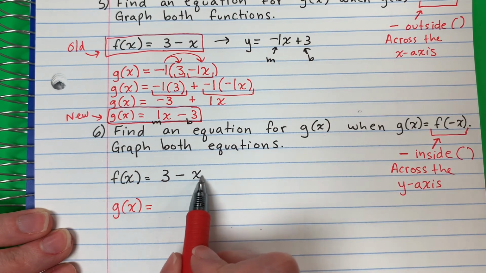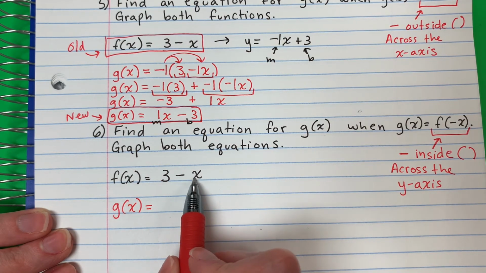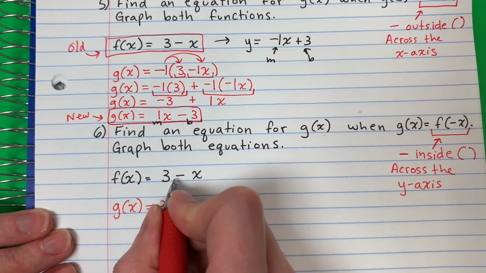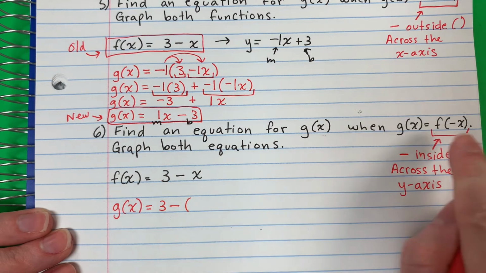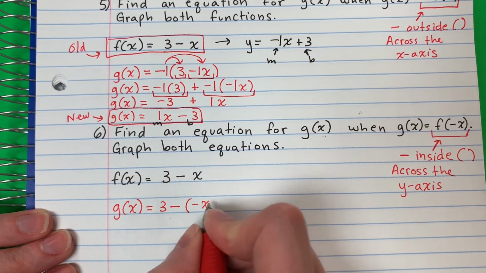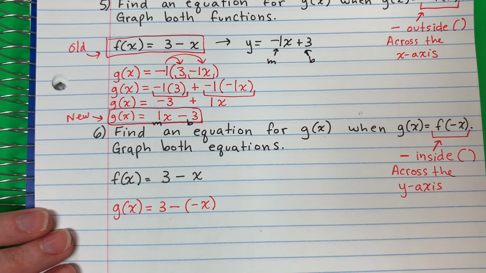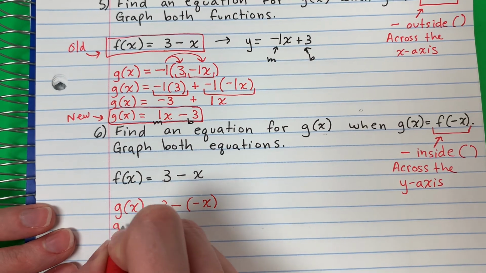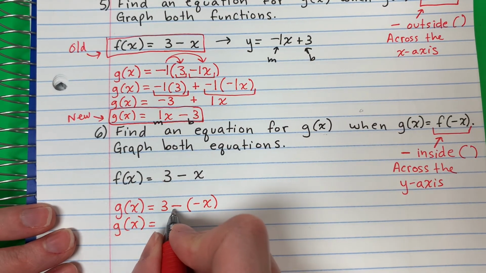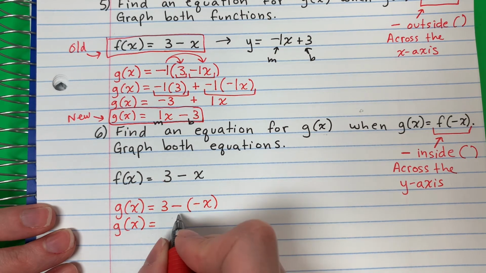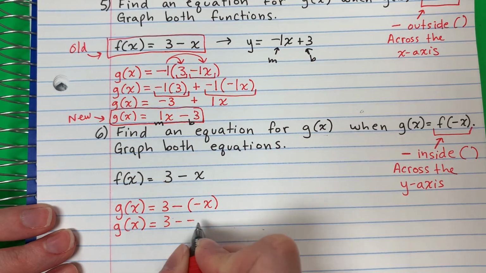So I'm going to need to do the x with a minus inside the parenthesis. So 3 minus, okay, the x is different. I'm going to do parenthesis minus x like that. Okay? Now, copy g of x equals. This is 3 minus x. Este es 3 menos x. Like that.